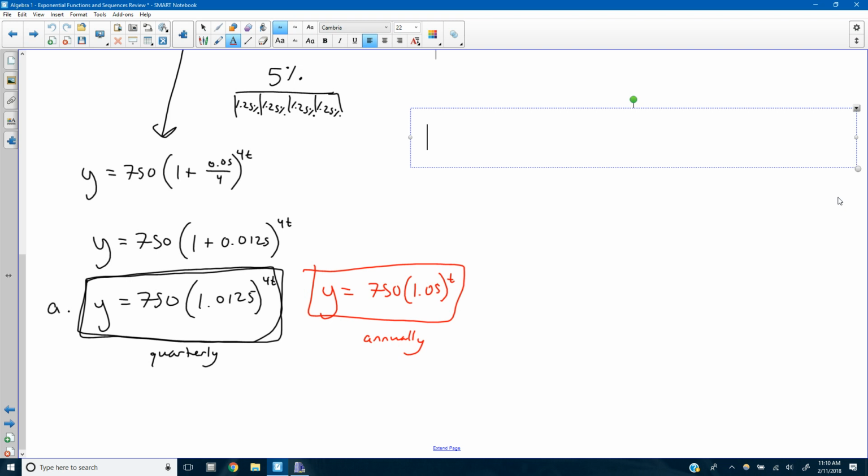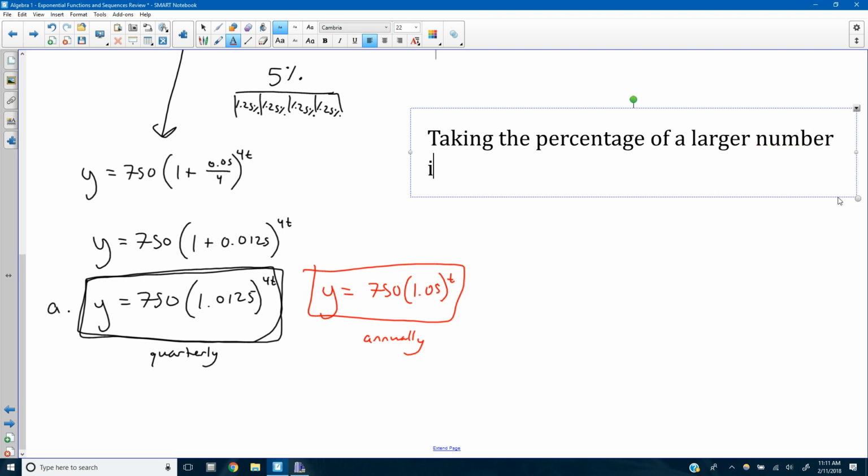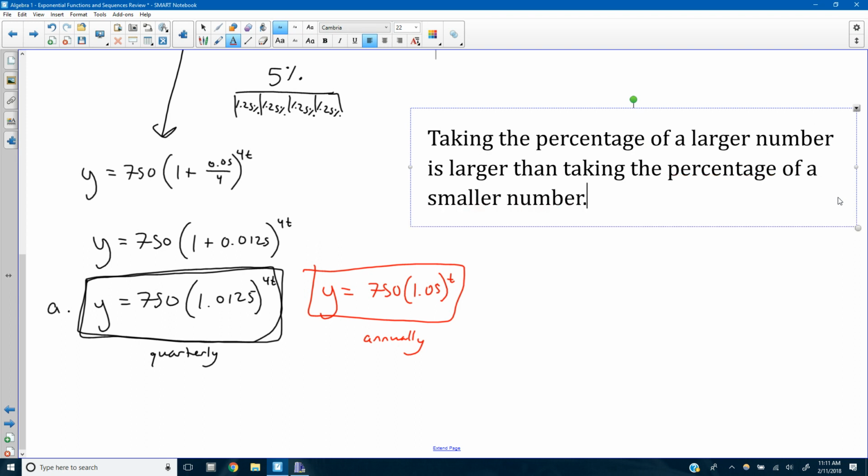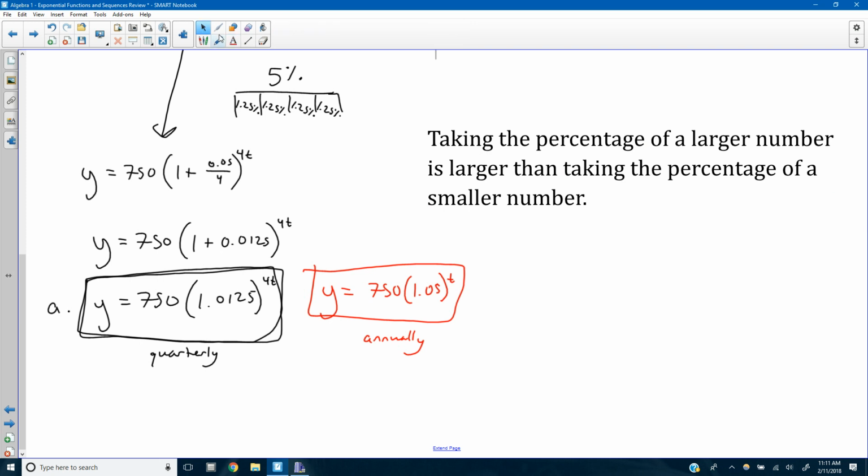When you take a percentage of a larger number, it is larger than taking the percentage of a smaller number. Meaning the value that you get by taking that percentage is larger than before. See, when I subtract 20 from 74, and when I subtract 20 from 54, no, that doesn't really work.